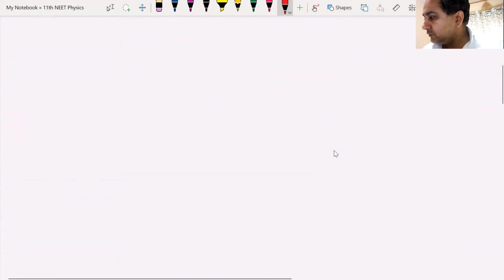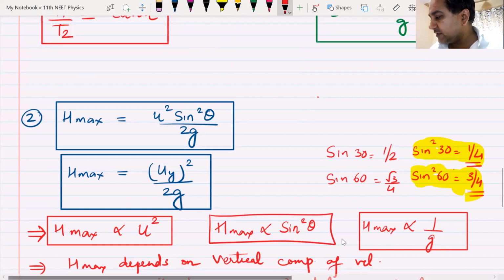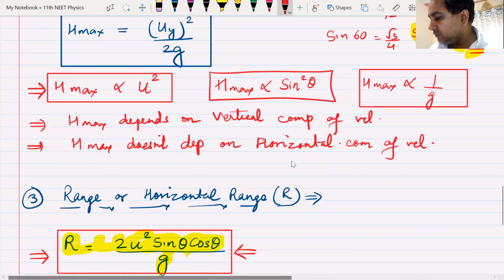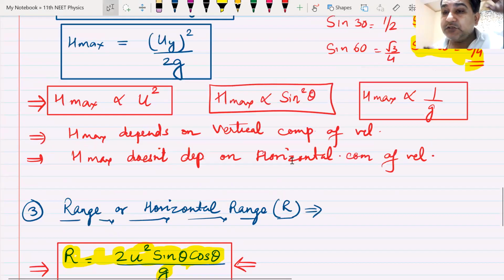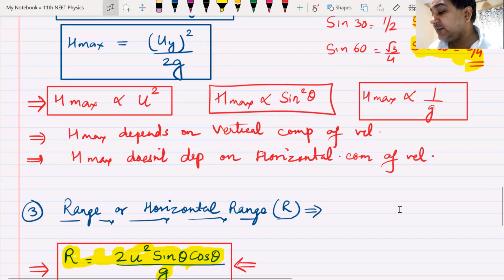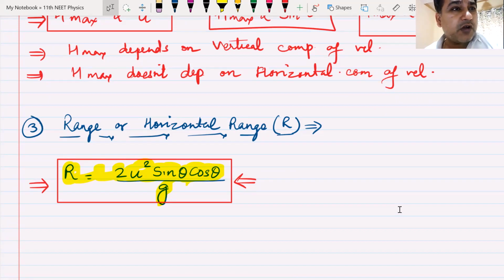Okay, it's here. Horizontal range is 2 times u square sine theta cos theta by g. Everyone sees this? That T1 T2 is 2 times R by G. This is the first way of remembering this formula.